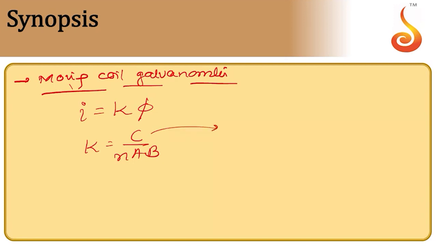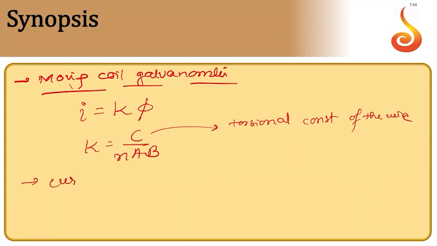C is the torsional constant of the suspension wire, or the twist per unit deflection. And of course, N is the number of turns in the coil, A is the area of the coil, and B is the magnetic field of the radial magnets.